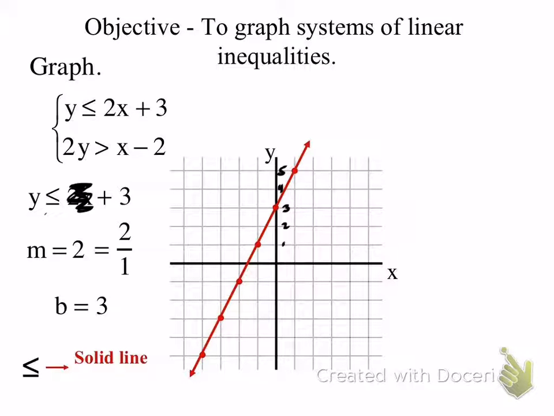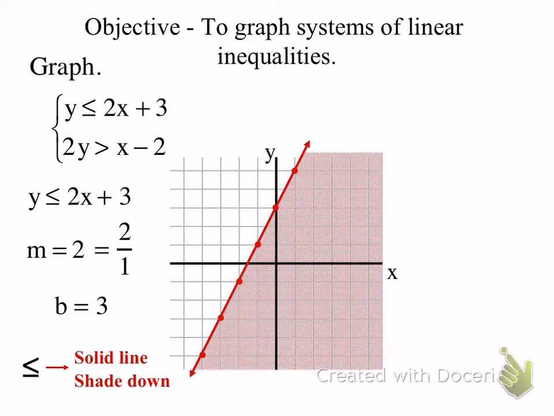Notice I've crossed this out, it says y is less than or equal to 3. Where are the numbers less than 3, Platy? Above or below that? Below on the y-axis, they are less than 3. So that is the area of shading that I will do.